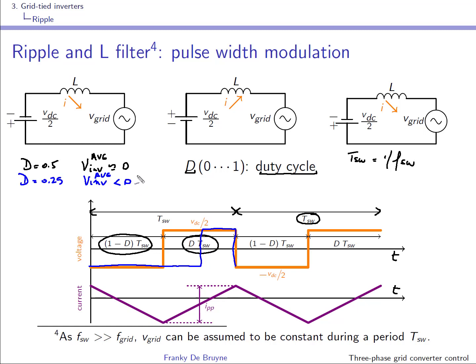So it's probably around minus VDC over 4. Let's draw now a situation that corresponds to D equal to 0.75. So this would correspond to something like this.